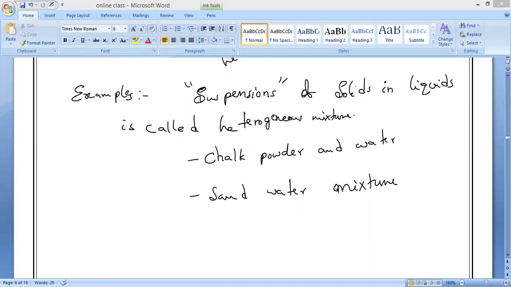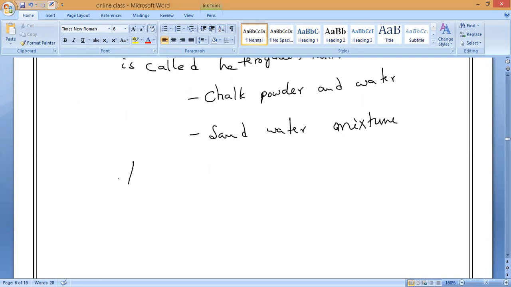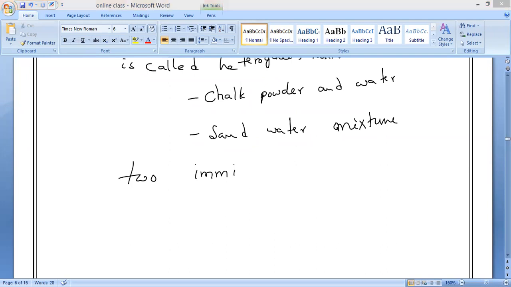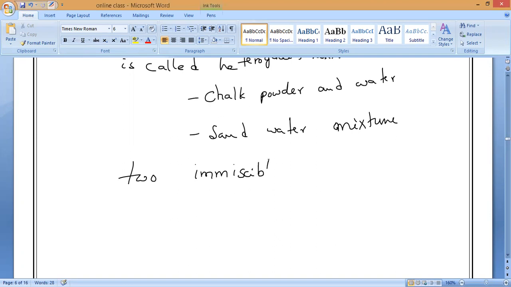Similarly, a mixture of two immiscible liquids is also called a heterogeneous mixture. What do you mean by immiscible? Immiscible liquids cannot be mixed.